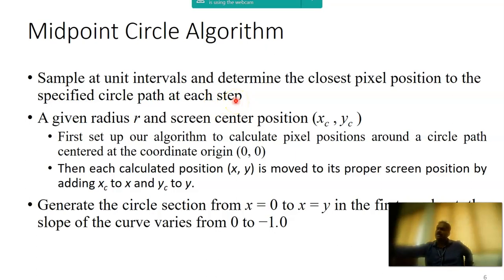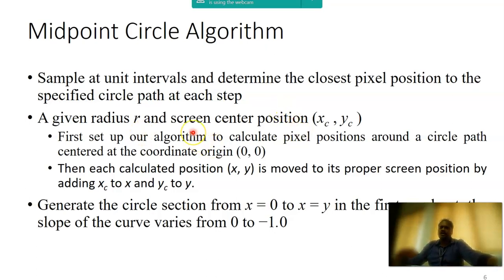Similar to the line algorithm, we do this in generating one quadrant of the circle. The x value will keep increasing, while y starts at the radius value, so yk, then either yk minus 1, or we stay back at yk. Like that we have to do it in the circle algorithm.